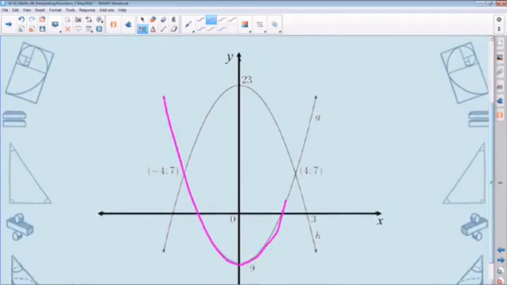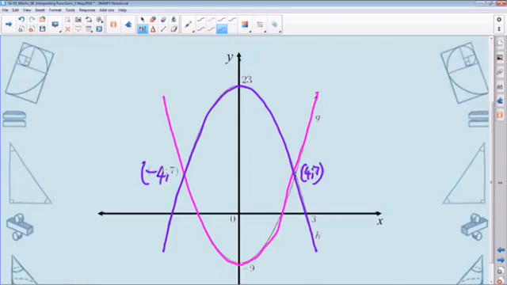So g of x is the happy one, and h of x I'm going to make purple, and it's the sad one. Now we can also see that we've been given the points of intersection, and it's (4, 7) and (-4, 7). Because you've had time to do these questions already, I'm not going to give you time to do them right now. We're just going to look at the questions immediately.